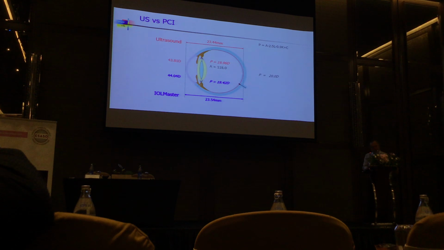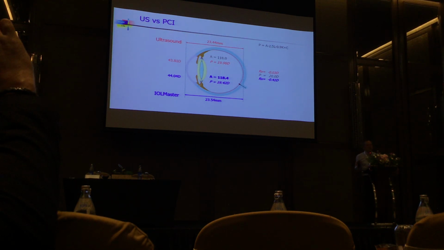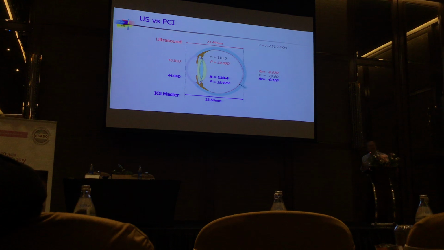So if I want to put in 20 diopters, ultrasound said I would have minus 0.03 diopters residue. For IOL master, I have minus 0.41 diopters, half a diopter versus perfectly ametropic. That cannot be.